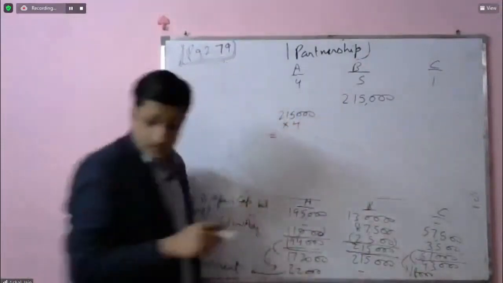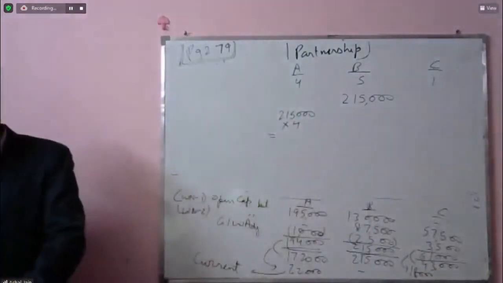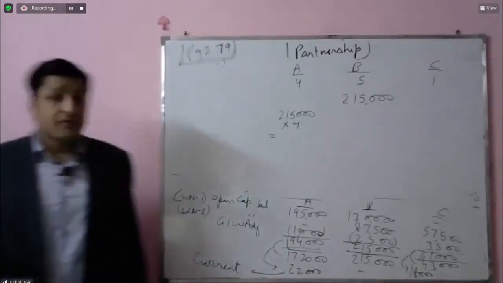So what do we get? You can compute this and let me know quickly. What will you get?